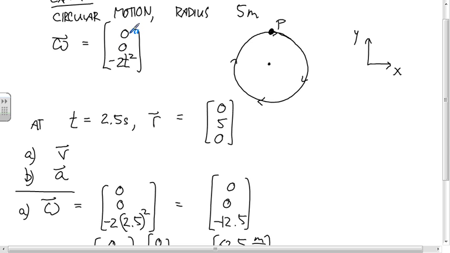And that means that anytime you see an angular velocity that only has one non-zero component, it has to be circular motion, because the angular velocity and the angular acceleration are parallel to each other.